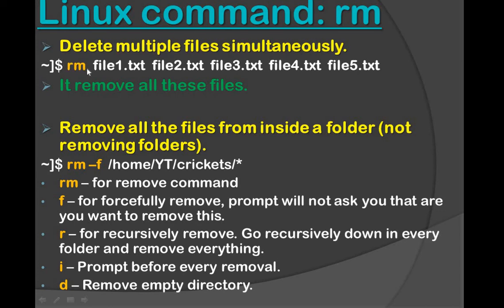With rm we can delete multiple files in one go, like I mention here: rm file1 file2 file3 file4 file5.txt. We can put any number of files here, and when we press enter, it will remove all these files in one go.